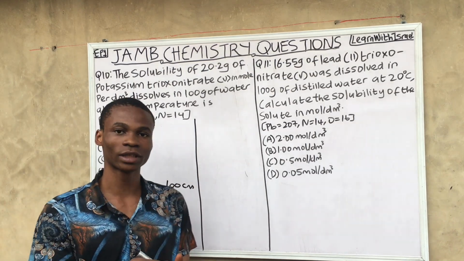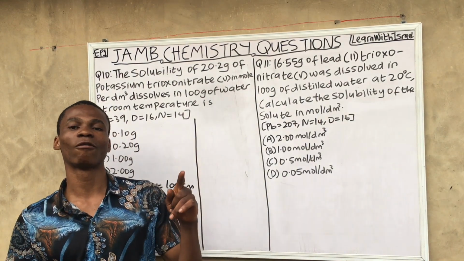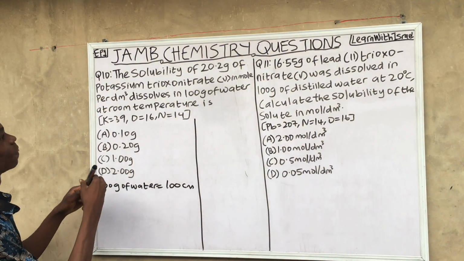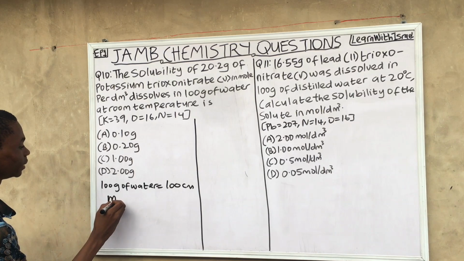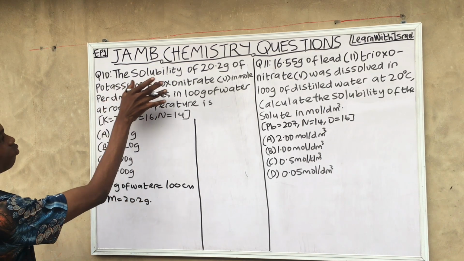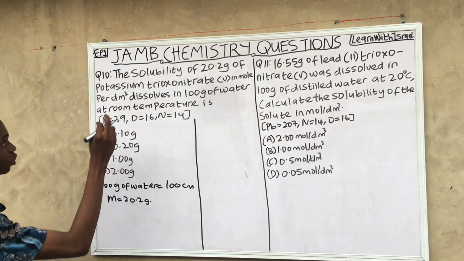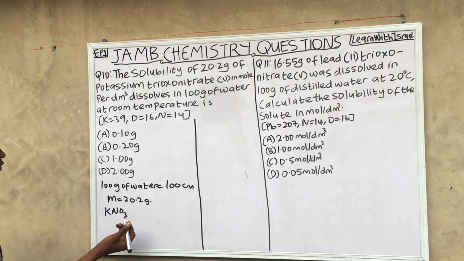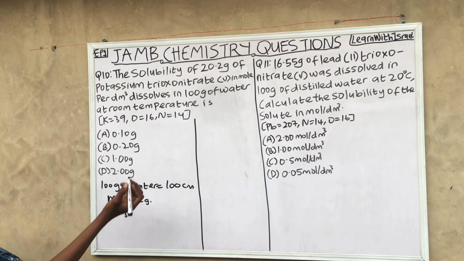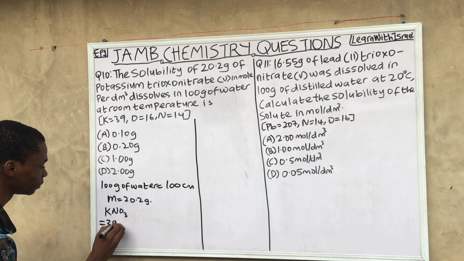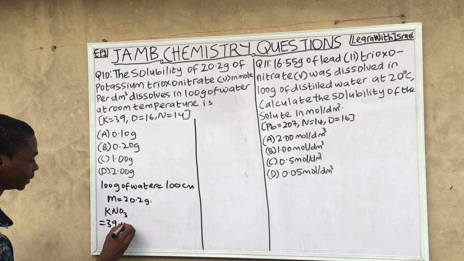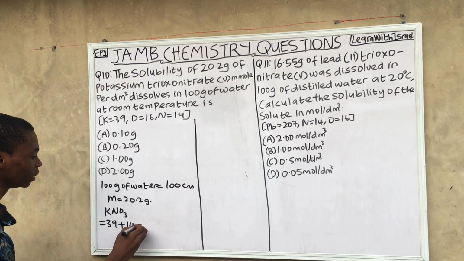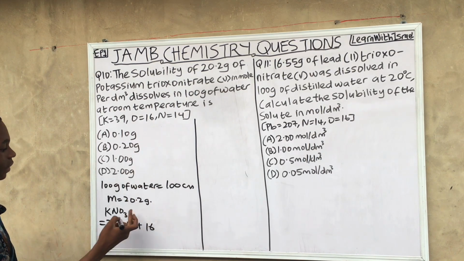The reason is because water takes the shape of the container. So 200 grams of water also equals 200 centimeter cube. So let's continue. Our mass is 20.2 grams. Molar mass of potassium nitrate. Let's write it out. Potassium nitrate is written as KNO3. So we want to solve the molar mass for KNO3. Our K is 39 plus our N is 14, sorry, and our O is 16, multiplied by the 3 here.